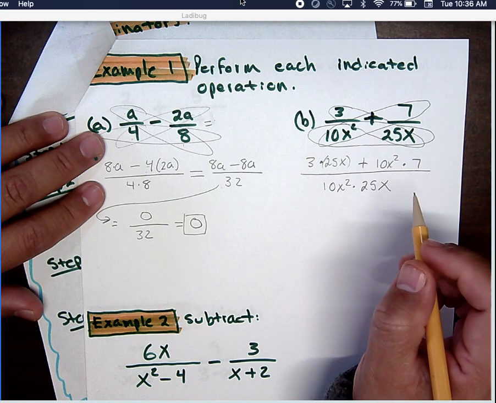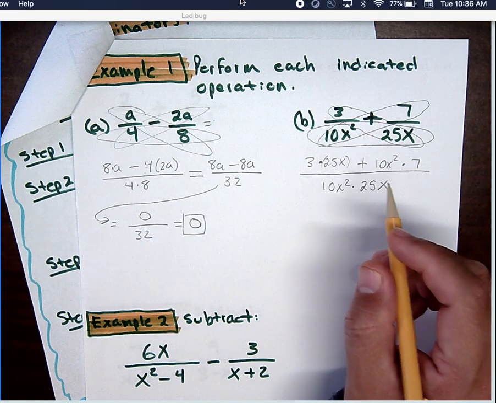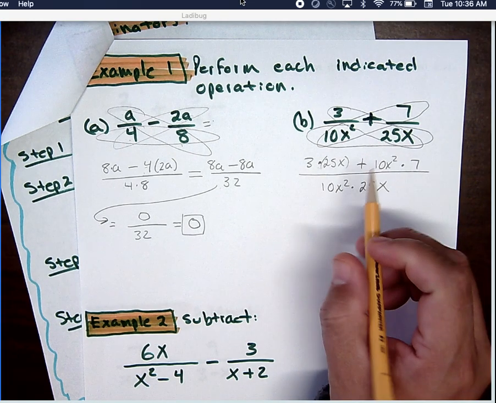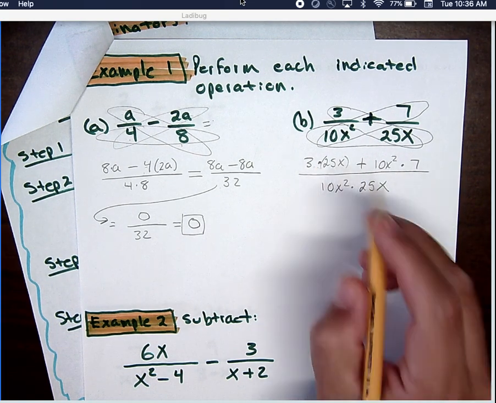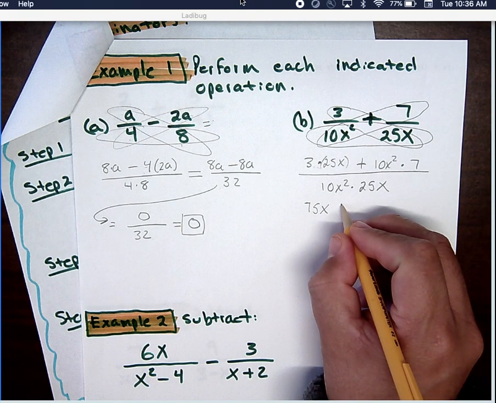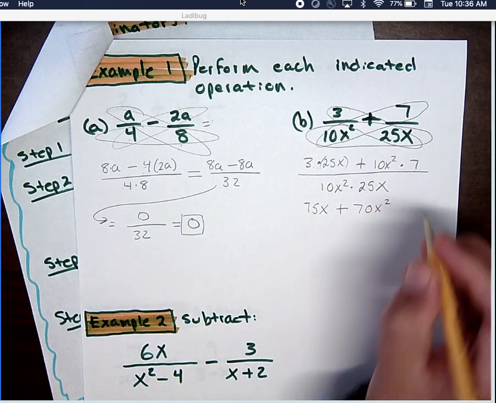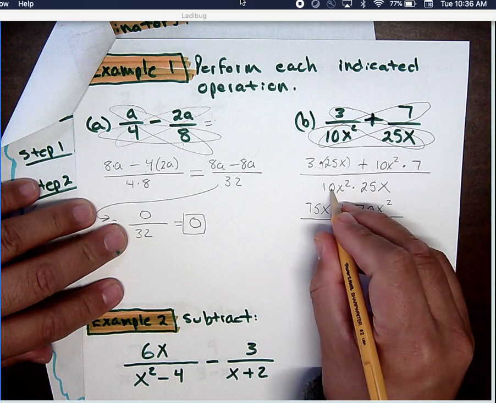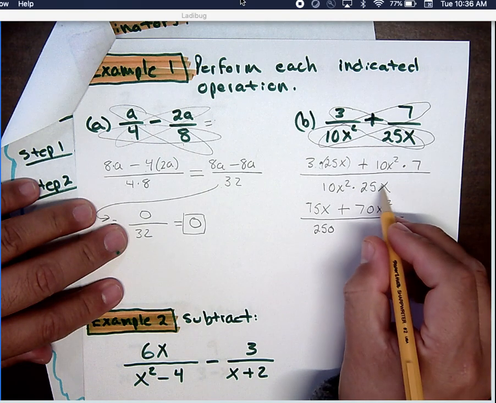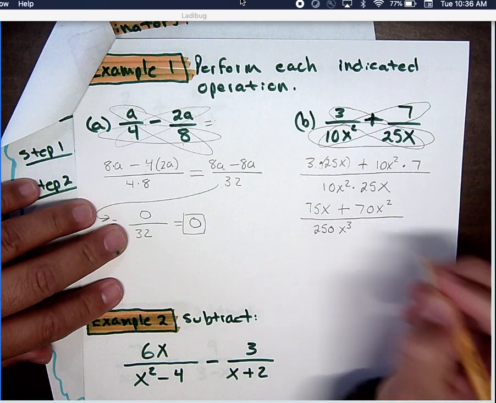So 3 times 25 would be 75x plus 7 times 10 is 70x squared over 10 times 25 is 250. And then x times x squared is x cubed.